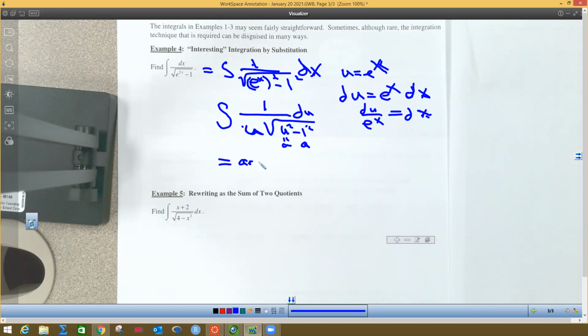So I don't need to write 1 over 1, and it's arcsecant, and then it's u over a plus some c, and it should be absolute value. Now a is 1, so I'm going to stick a 1 in here, and then u is the e to the x power, so I'm going to change that to e to the x, and this is what we're looking for on that problem.